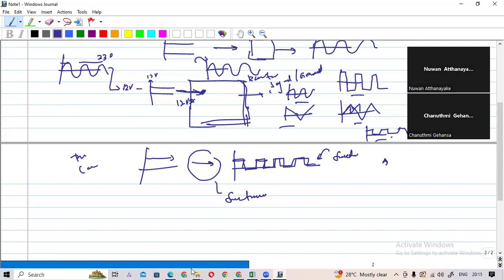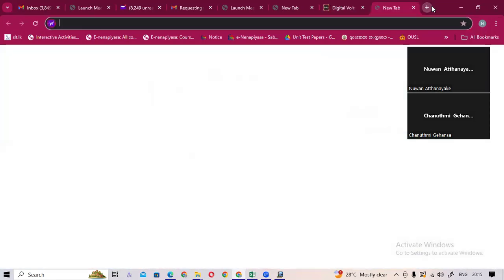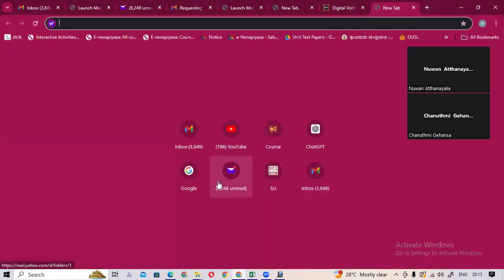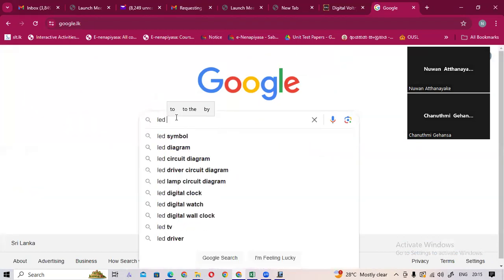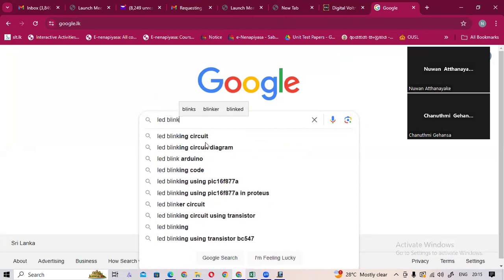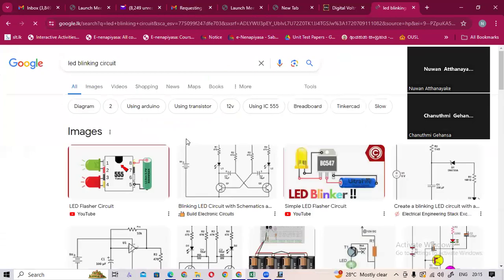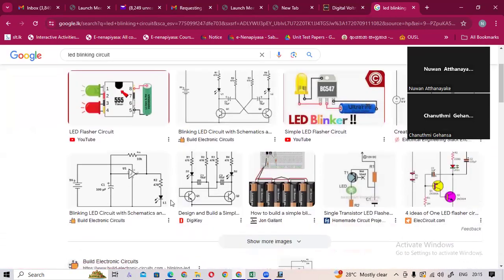I can't remember that circuit now, so maybe if I type LED blinking circuit diagram. This one, I think.